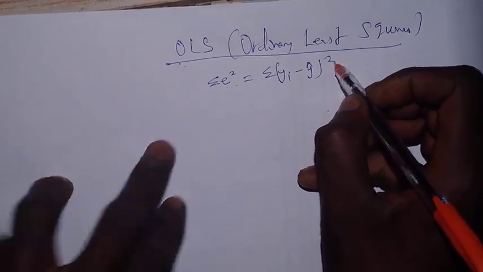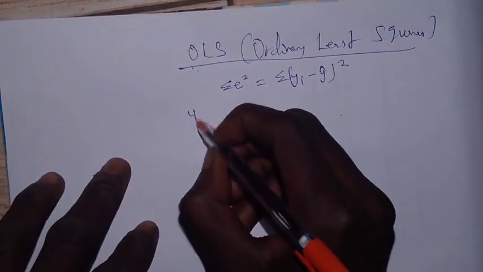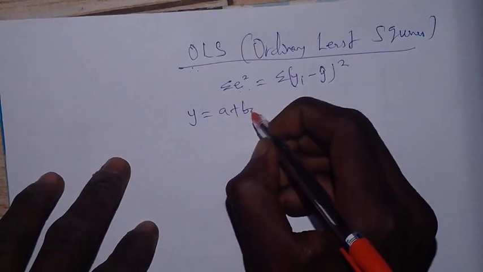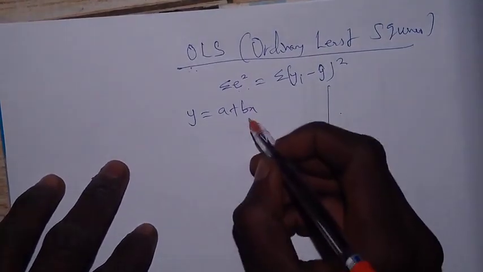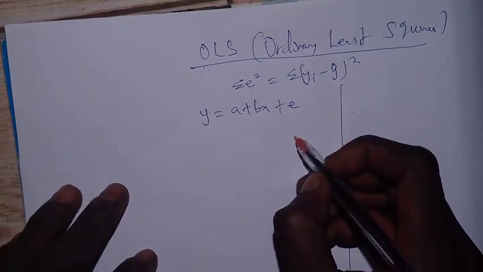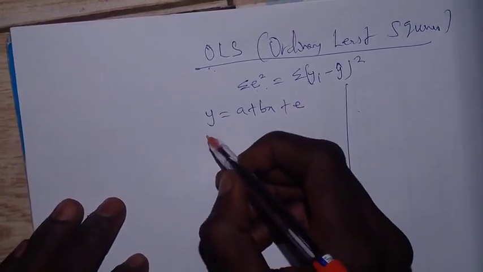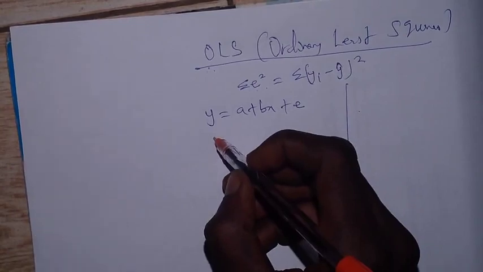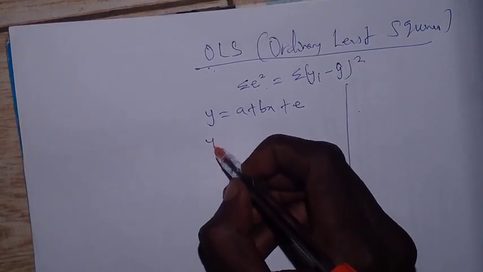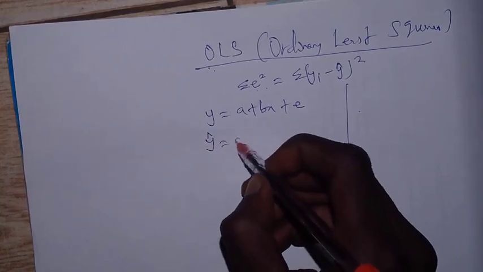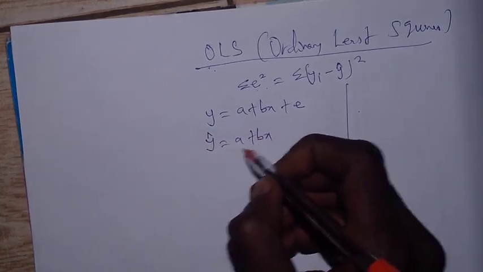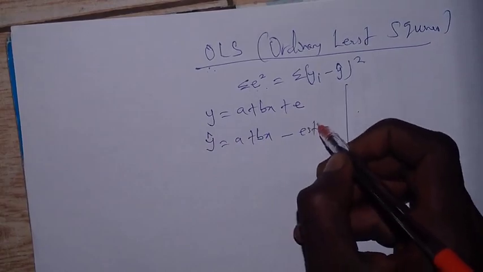Where did they get this? Let's try it. The regression equation is y equals a plus bx plus e. Then y cap equals a plus bx. This is the estimation equation.